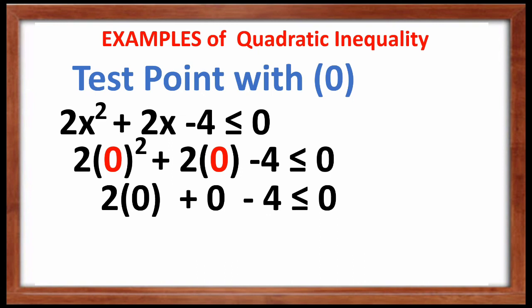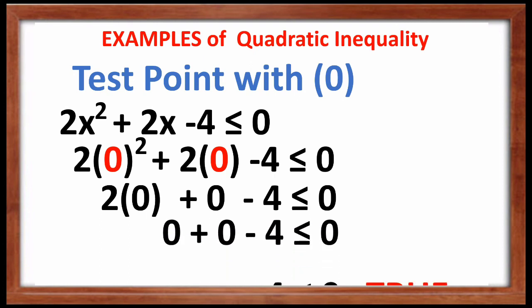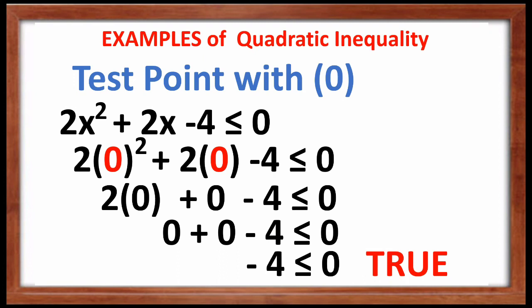Then, simplification. 2 times 0, 0 squared is 0. 2 times 0 is 0. -4, copy. Less than or equal to 0, copy. 2 times 0 is 0, copy 0. -4. And the result is -4 less than or equal to 0.